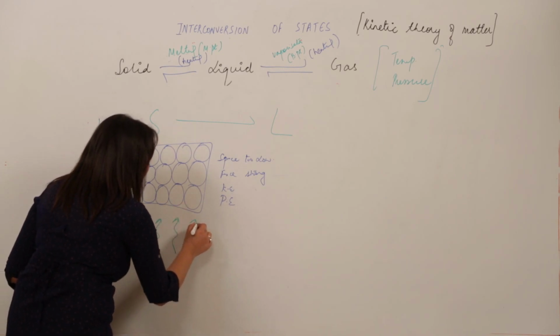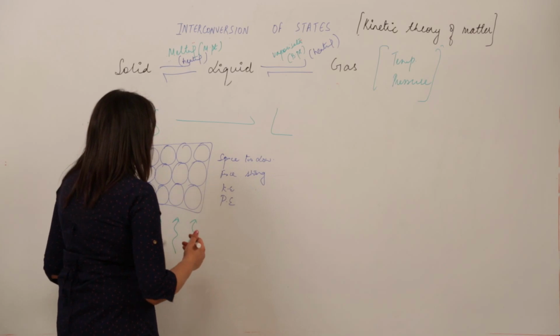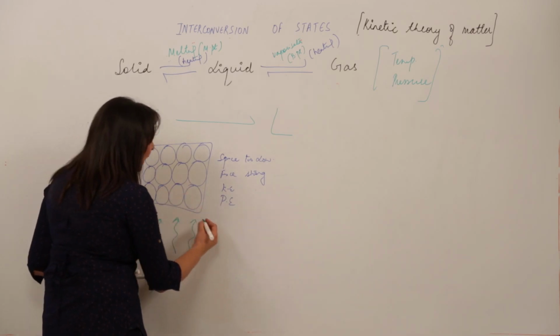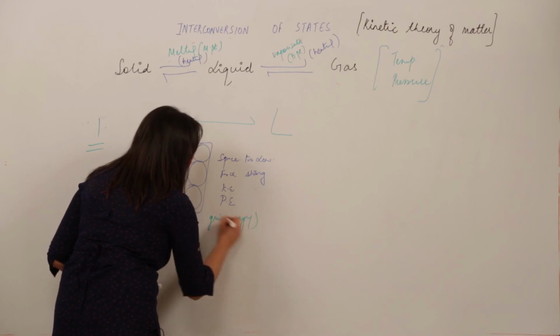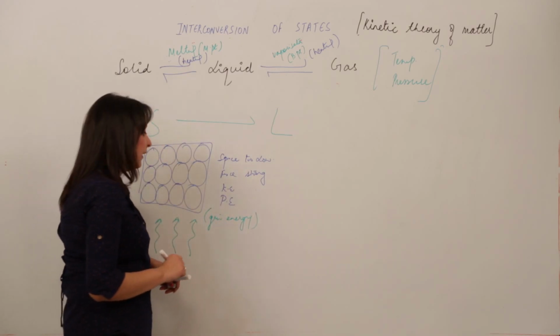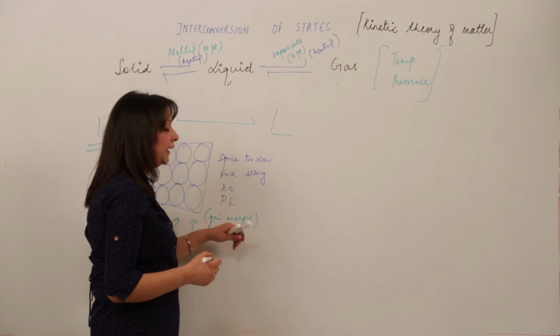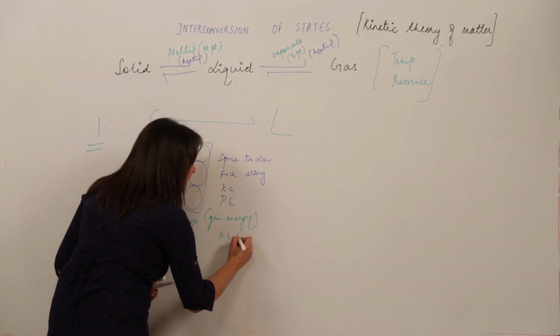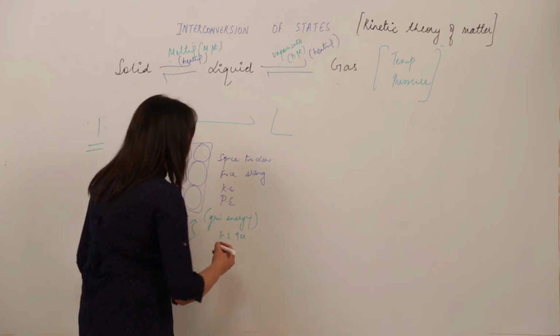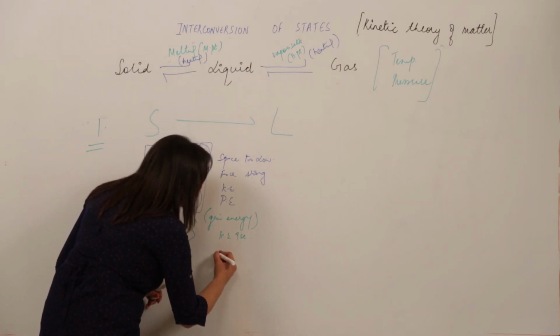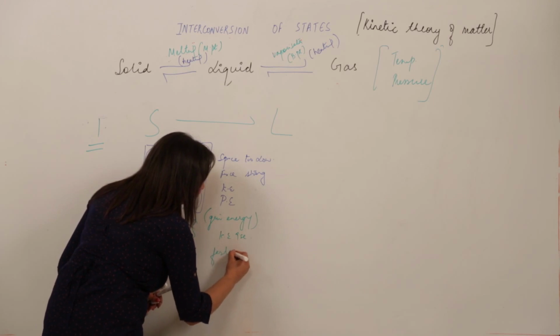When we heat it, we are raising the temperature. So what happens? These particles gain the energy. Then as a result, their kinetic energy increases, obviously. If the kinetic energy increases, they will start moving faster.